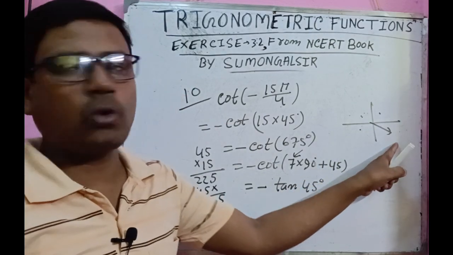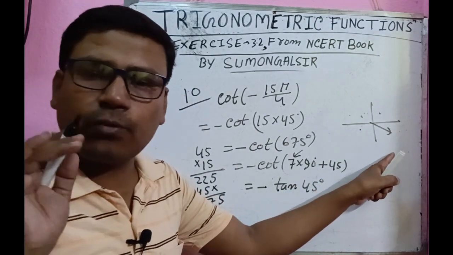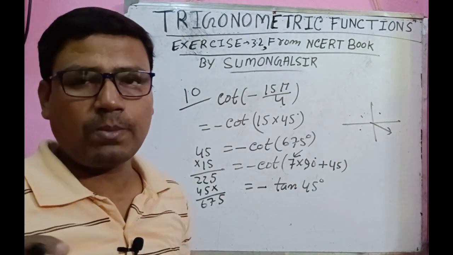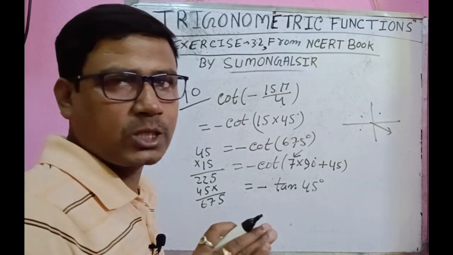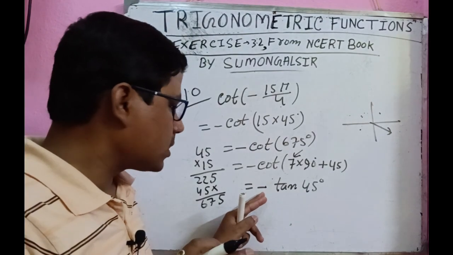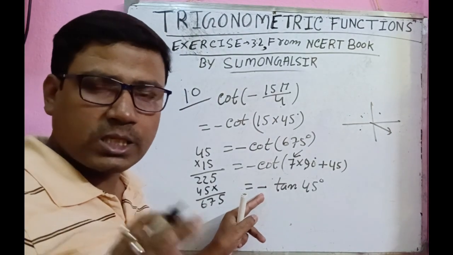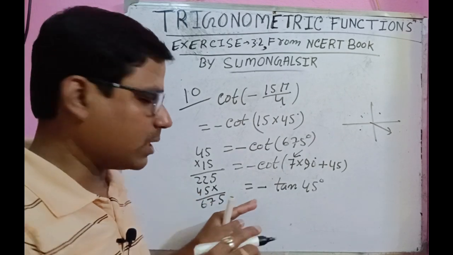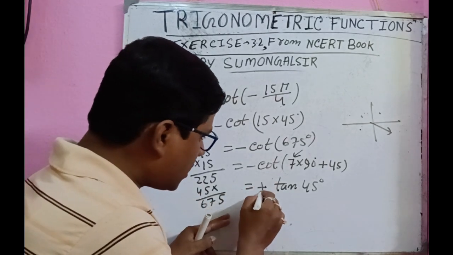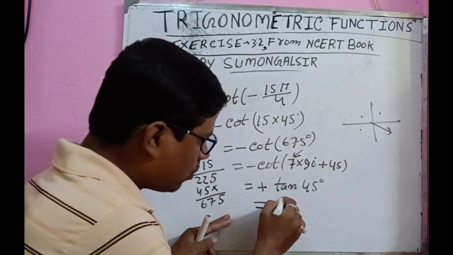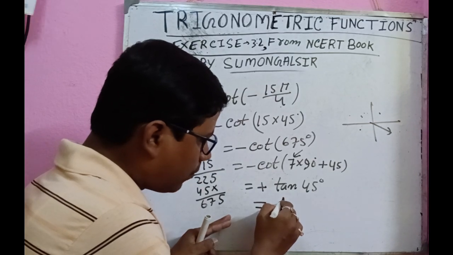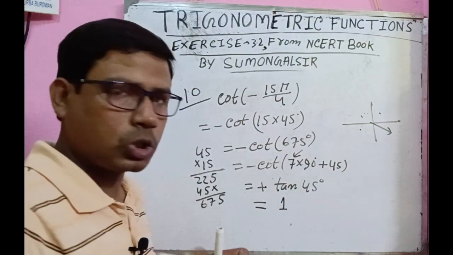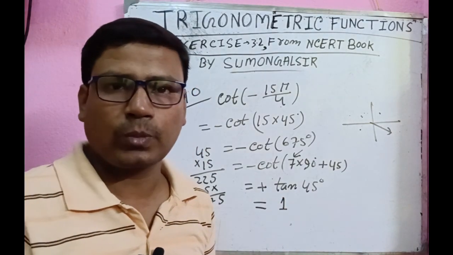So this is the fourth quadrant, and in the fourth quadrant cos is positive as well as sec is positive, and tan, cot, sine, cosec are negative. So the additional negative is there, so this will be the plus, and we know that the value of tan 45 is equal to 1. So this is the completion of 10.